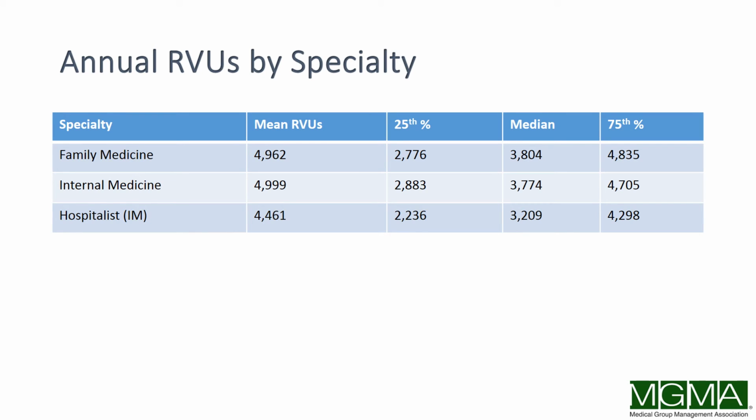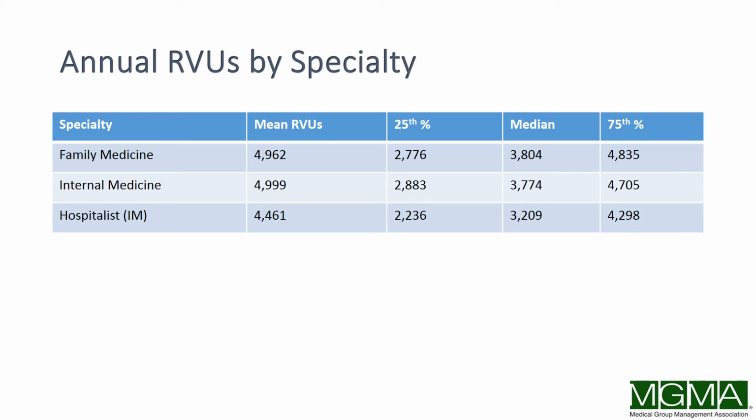If you look at annual RVUs by specialty, family medicine has a mean RVU generation of almost 5,000 RVUs. The median is a bit lower, 3,800. And if you compare that to internal medicine, it's very comparable for a clinic-based practice.